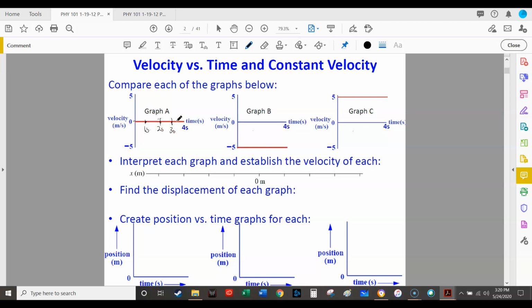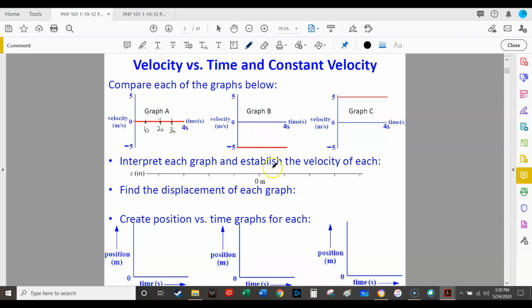Am I moving to the right? Am I moving to the left? Or am I not moving? What would you categorize that if your velocity is 0 meters per second for all time increments? What are you doing?